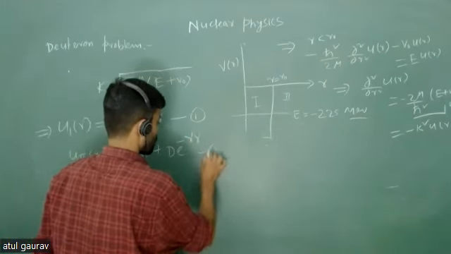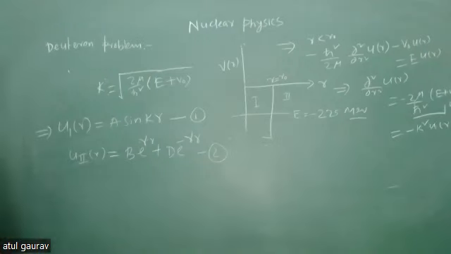Now see, the wave function must vanish, the positive exponent part will vanish, because the wave function must be 0 at infinity, right? Do you get what I'm saying?